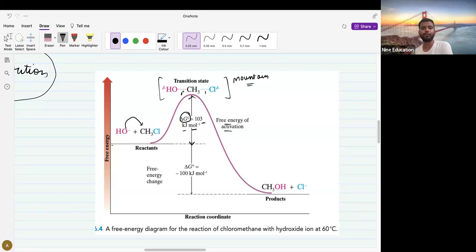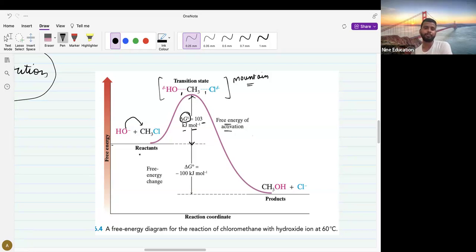When you have equal possibility on the mountain to fall this side and fall that side, right? If it goes this way, the OH bond will form and the Cl bond will break. If it goes this side, this bond will break and the carbon-Cl bond will make. So on the mountain you have equal possibility to jump either side, right?